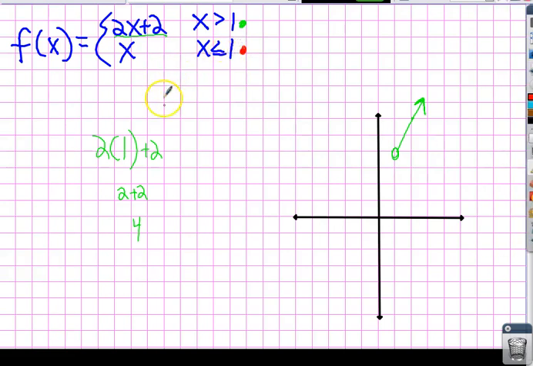I'm going to put in 1 into that graph. That was pretty boring. It's 1. So at x being 1, my y is 1. That's swell. Closed dot, however, because it is less than or equal to.